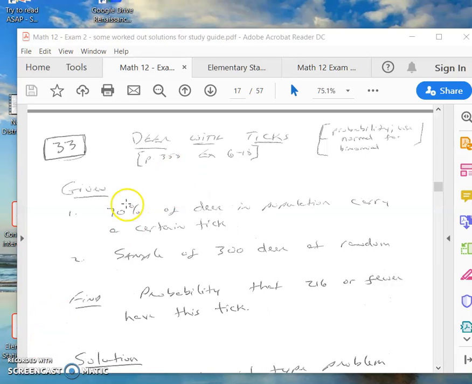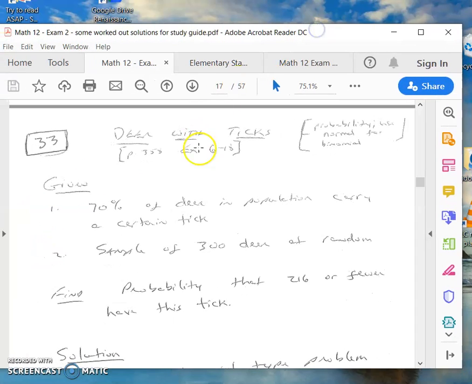Okay, so here's my handwritten solution that I already sent out to you guys. Problem number 3, deer with ticks. What I try to do sometimes on these, I wasn't 100% consistent, but I thought it might be helpful, is put down the page number and the example number of a similar problem, so that if you're really struggling, you could go look at this example on page 358.